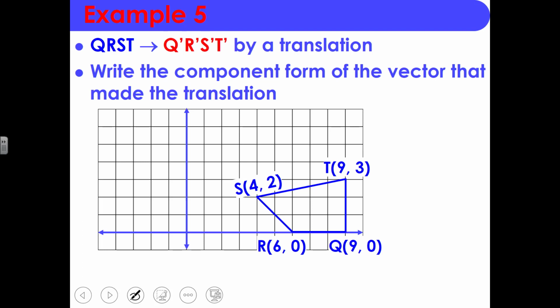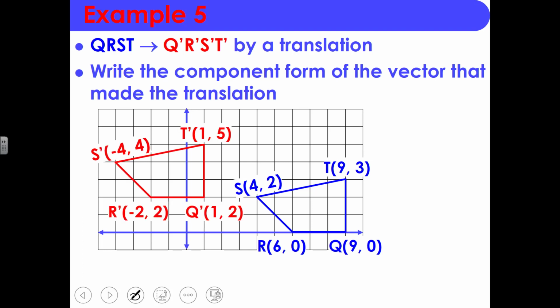Let's look at example 5. In this case, we have quadrilateral QRST mapped to Q prime R prime S prime T prime by a translation. The image is also shown in red. We're asked to write the component form of the vector that made the translation. As you can see, T was moved to T prime with this green vector.